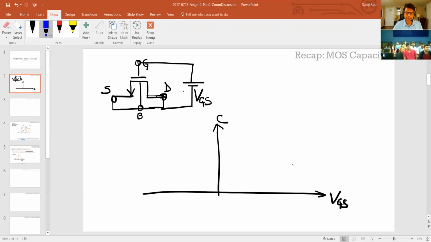As we keep increasing this voltage, we start with 0. There is no channel formed, which means the channel is not inverted yet. So it's just a depletion mode, which means that there will be no charge formed there.